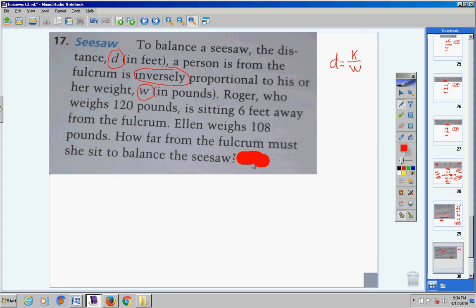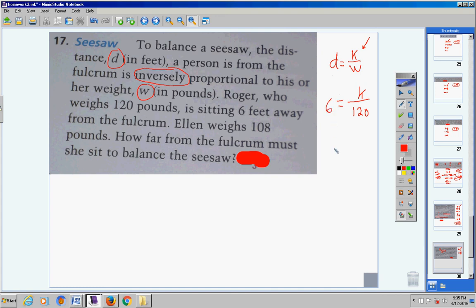Okay, now listen. It doesn't tell us to write a model, but it's going to be really helpful. In order to write a model, we have to solve for k. In order to solve for k, we have to know what d and w are. Well, they give us a scenario that gives us d and w. Look right here. Roger weighs 120, so we'll put 120 for w. Roger weighs 120, and he's sitting 6 feet away from the fulcrum, so that's the distance.